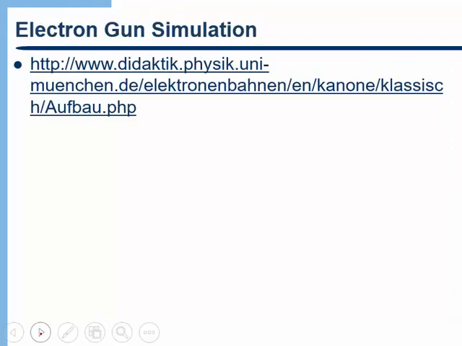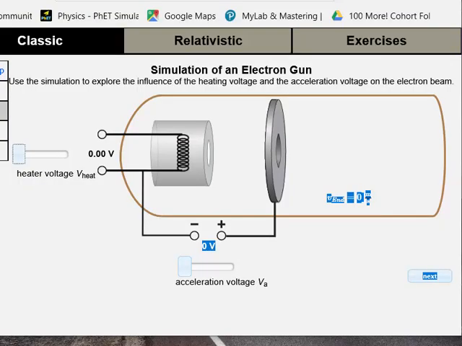First, I want to show you a simulation, which is about an electron gun, and I'll bring that in right now. An electron gun is what is in the back of any old-fashioned television or computer monitor. Basically, the way TV used to work is that there is this electron gun in the back of the TV.